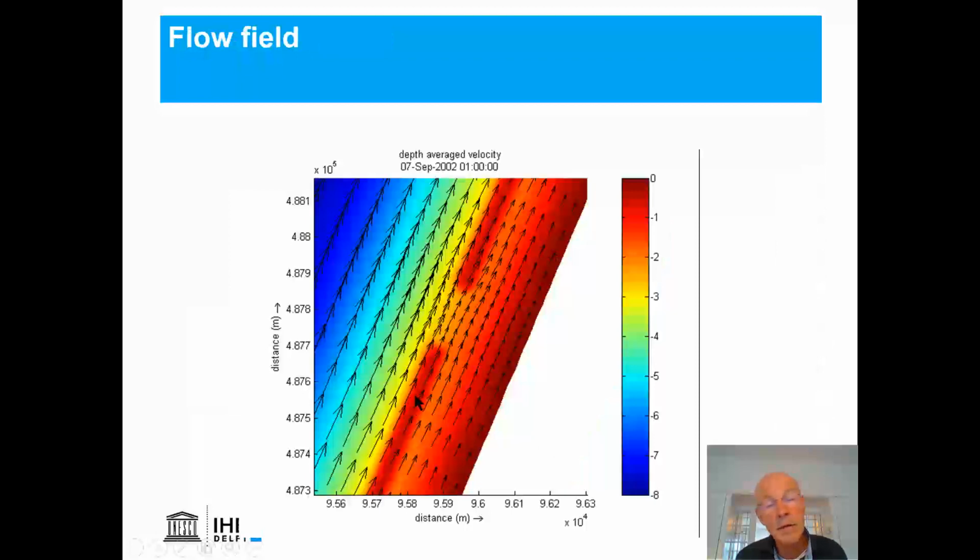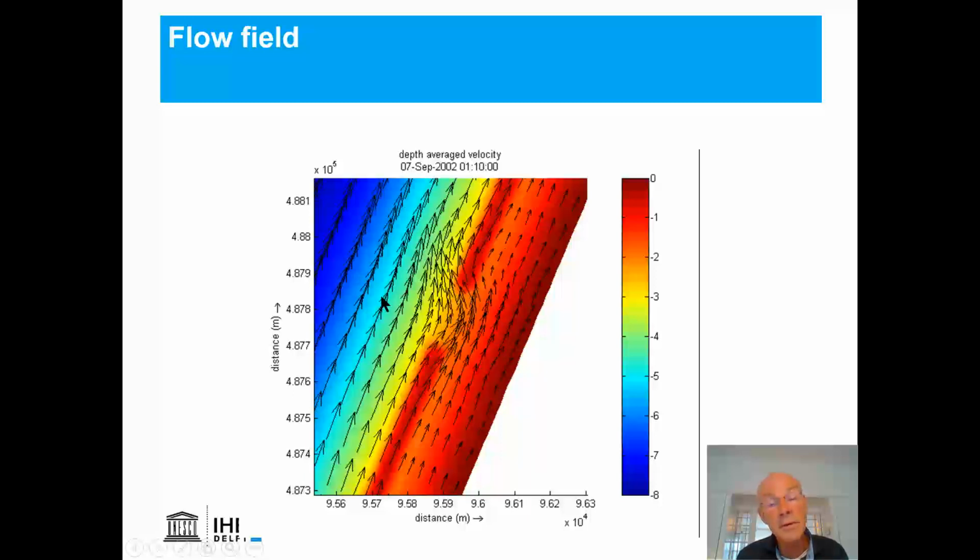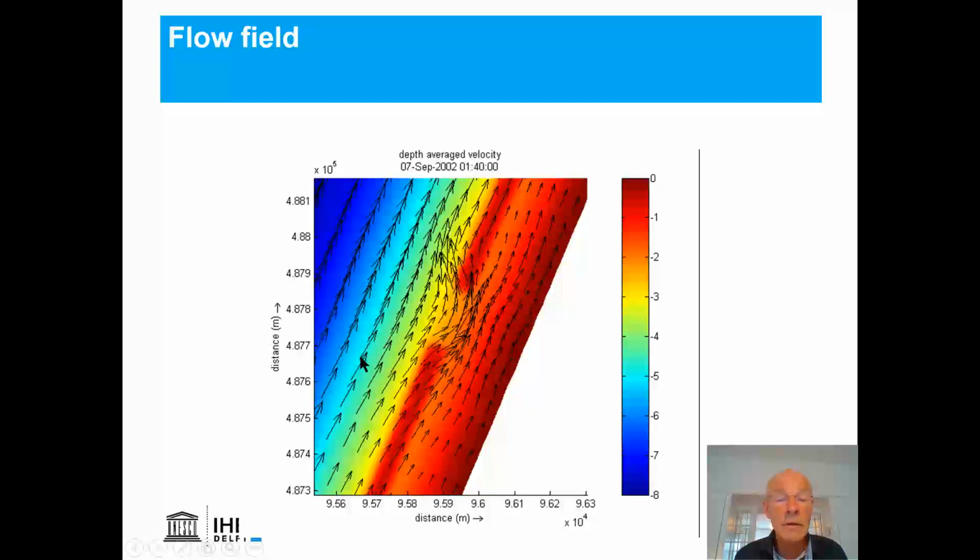We start with an uninterrupted flow, and then because of these wave forces, the flow gets diverted, and this diverted flow again influences the wave pattern.